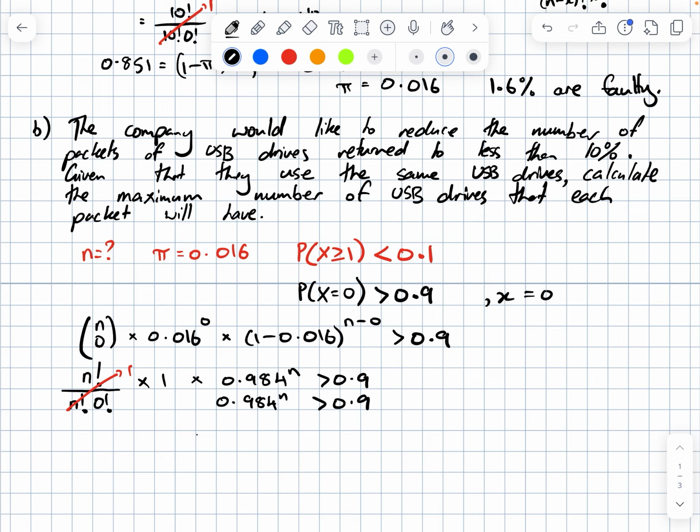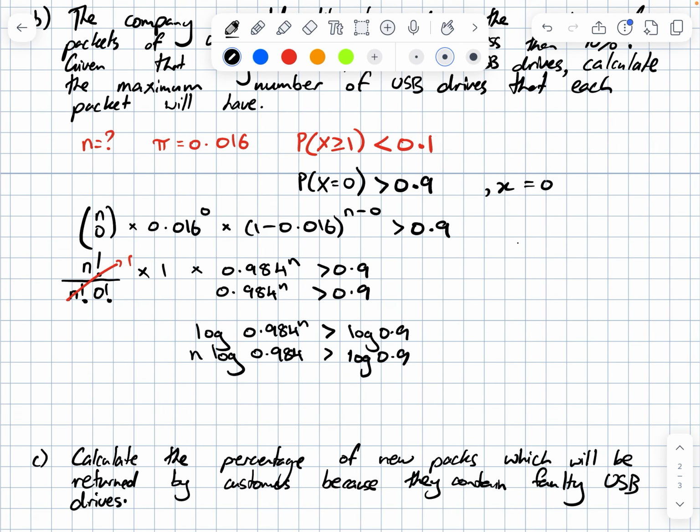To solve this, we can log both sides. Bring the n to the front of the log. And then divide by log of 0.984. Now log of 0.984 is a negative number. It's very important to realize that when you log any number between 0 and 1, greater than 0 and less than 1, you get a negative.